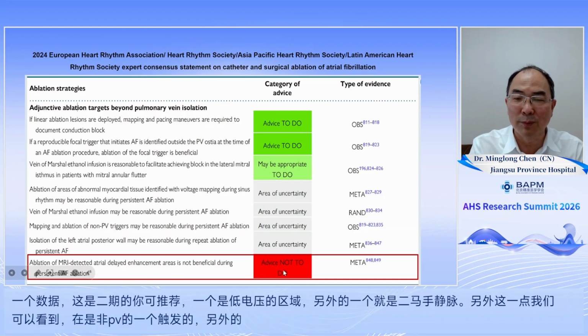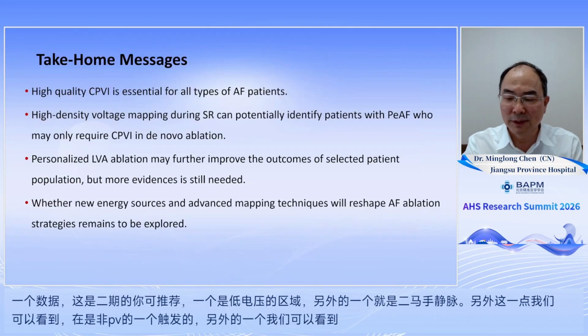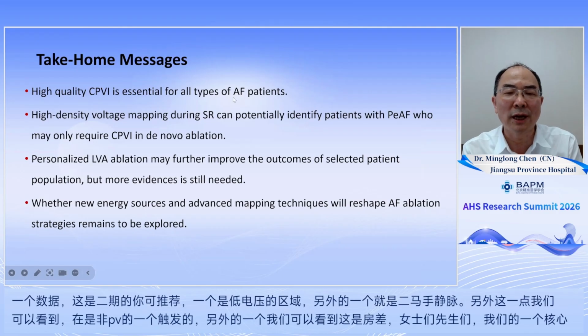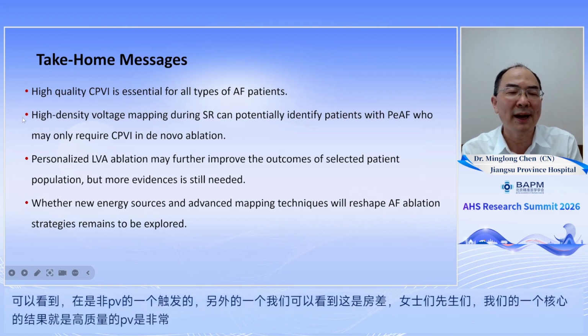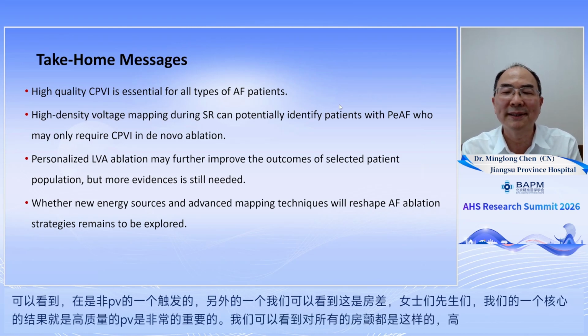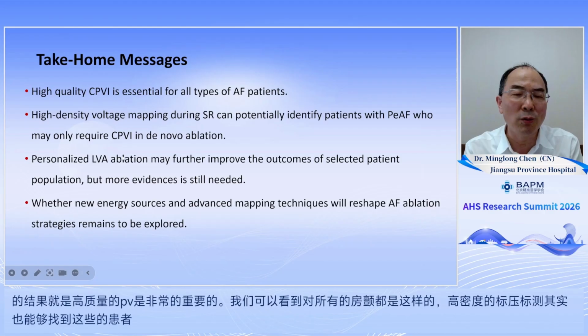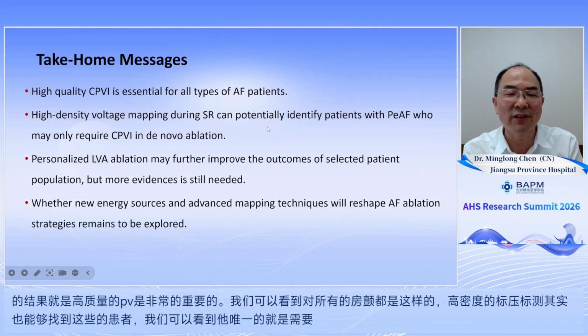So these are the indications for AF ablation. So ladies and gentlemen, the take-home message: high quality PV isolation is very essential for all types of atrial fibrillation. And a high density voltage map during sinus rhythm can potentially identify patients with atrial fibrillation who only require PV isolation, and in the de novo ablation procedure, you don't have to go to any other areas.